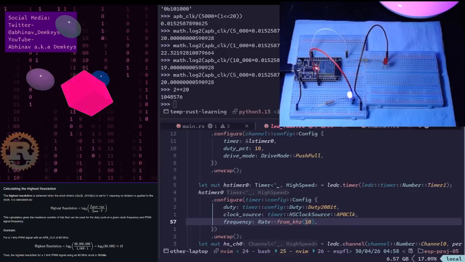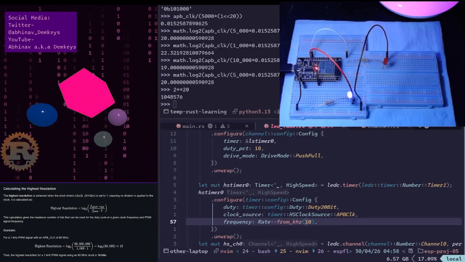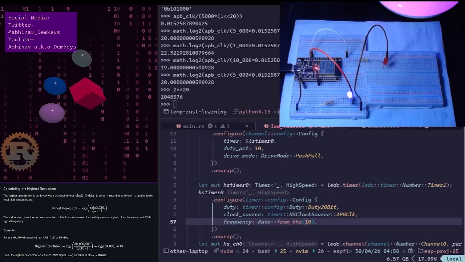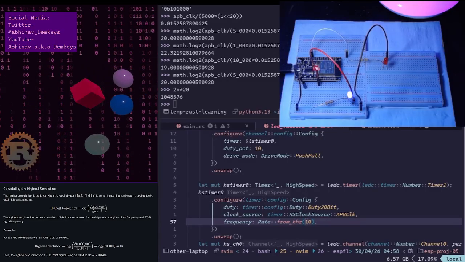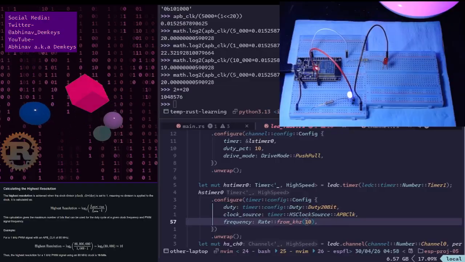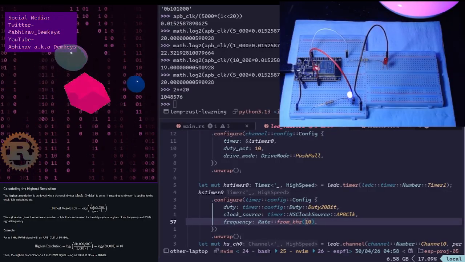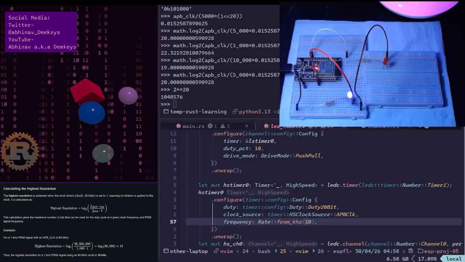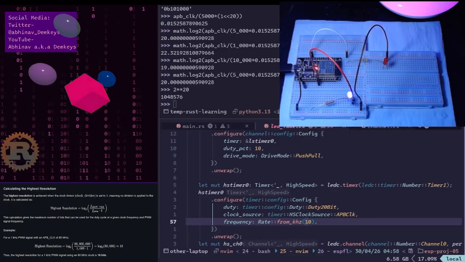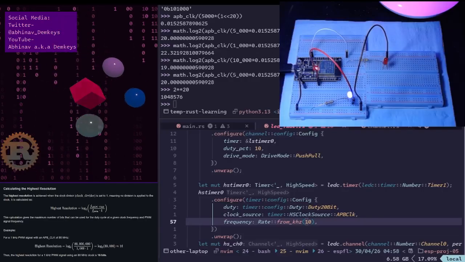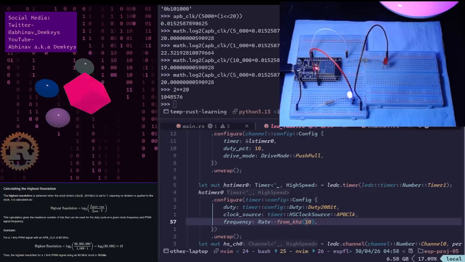Now, how do I calculate this? How do I get the number of ticks that we need for a given resolution and given frequency? How are we calculating this? Would it just be multiplication?